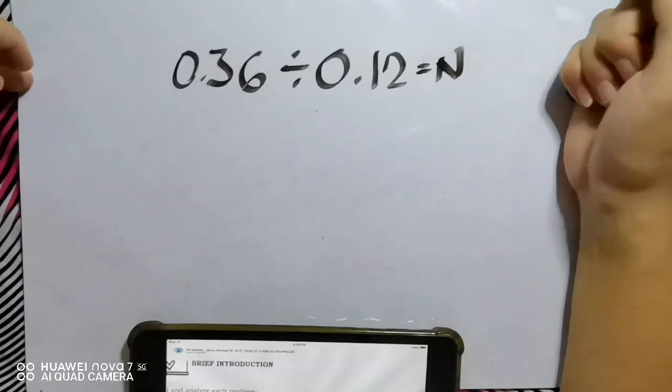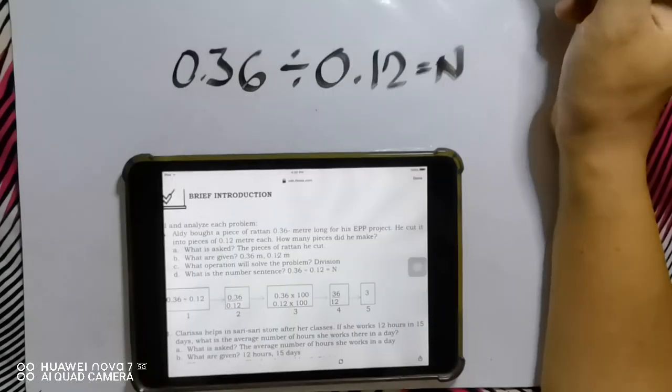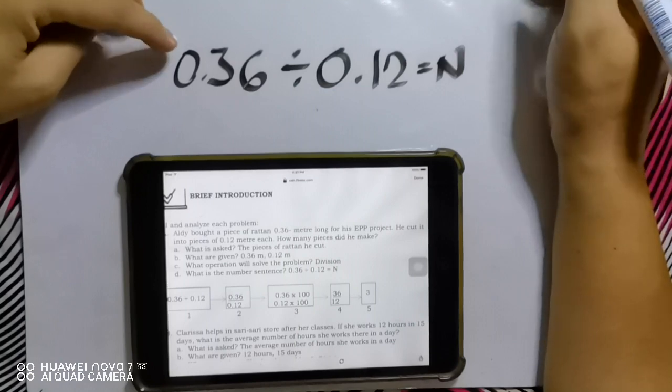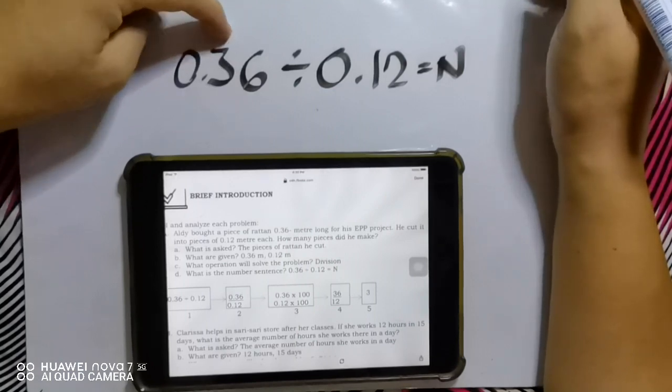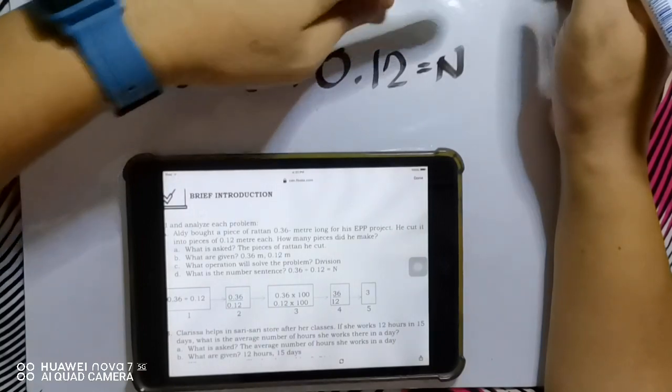So, ganito yung ating magiging number sentence. Okay, so that would be the number sentence, wherein we're going to divide 0.3600 meters divided by 0.1200 meters equals n.